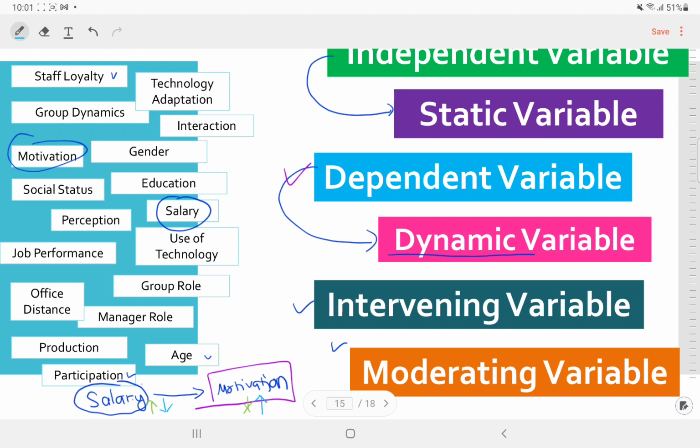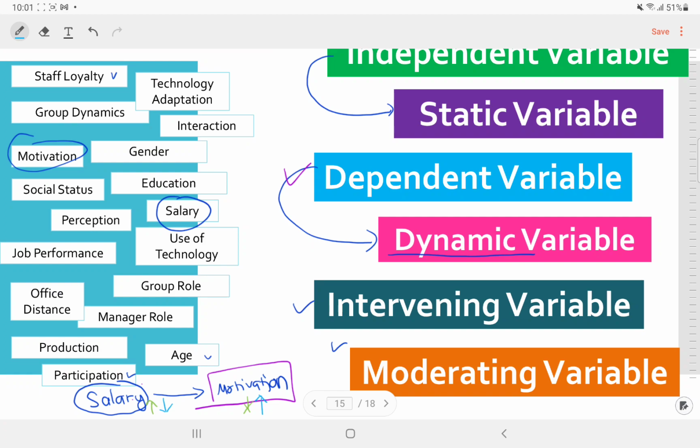Okay? So these are just examples, and you can find out the answers. I'll give you some time, maybe a day, to discuss with your peers which ones are dependent variables, which are independent variables, and which are intervening and moderating.